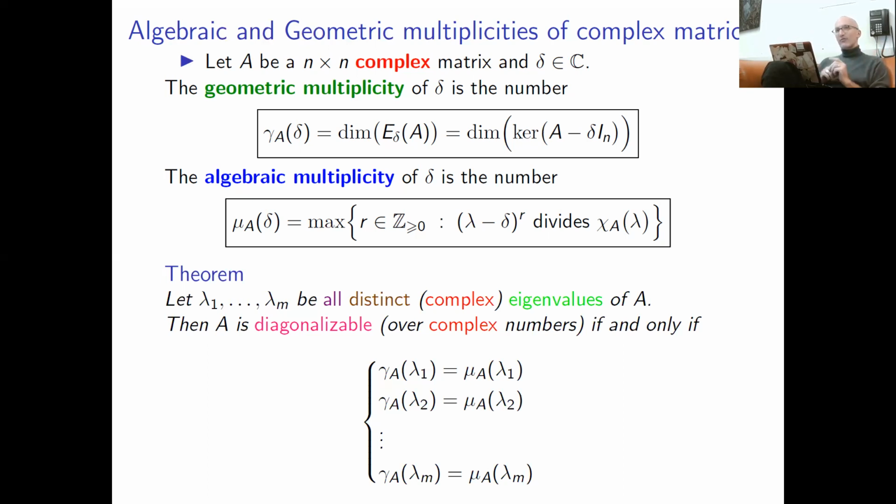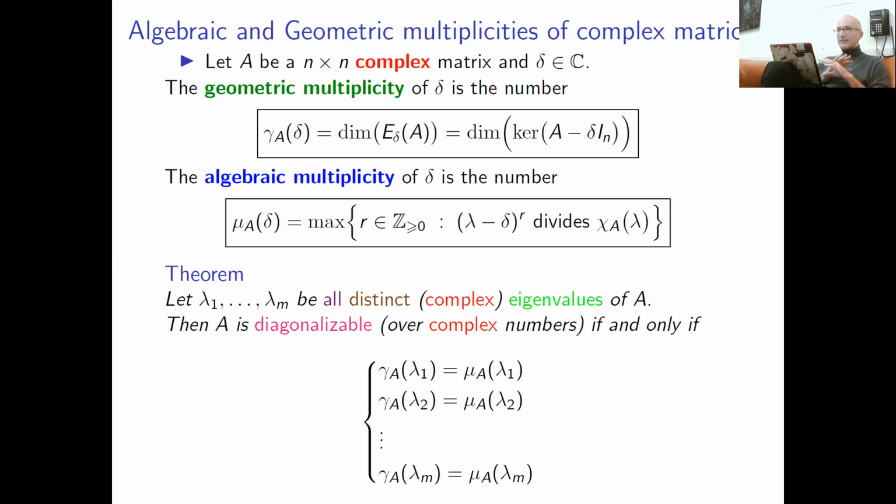If at least in one case geometric multiplicity is strictly less than algebraic multiplicity, the matrix is not diagonalizable. This is a very nice criterion. Again, there is no condition that some roots are real or something, because all roots are complex.